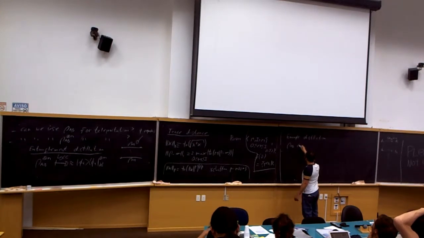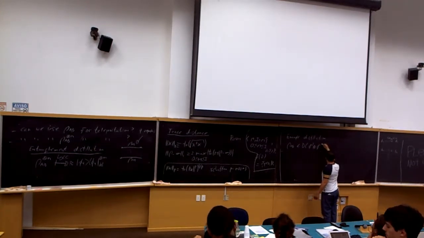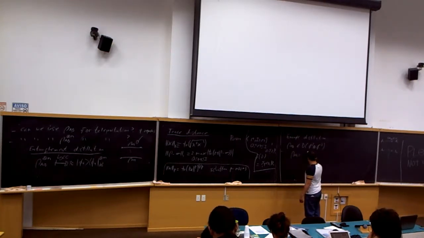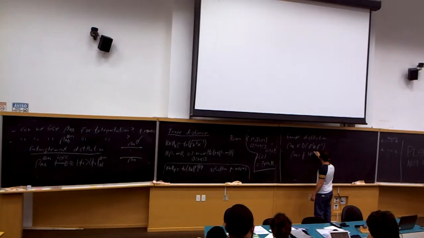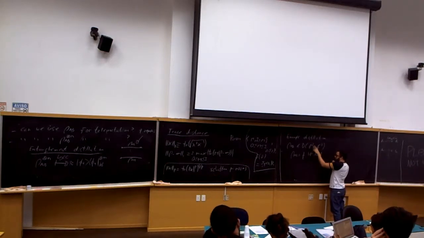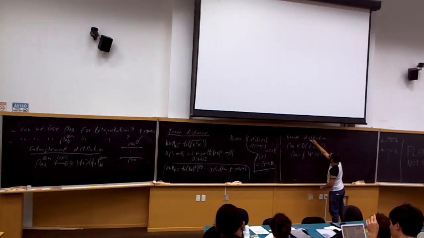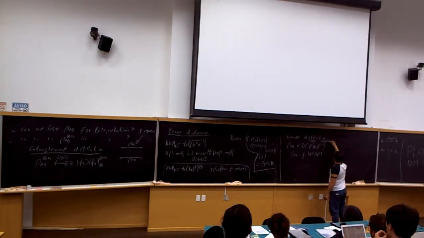Suppose this rho AB is a state of a qubit and a qutrit, and it has the following form. With probability half, you have the maximally entangled state of two qubits, meaning the basis here is 0, 1, and the basis here is 0, 1, and 2.